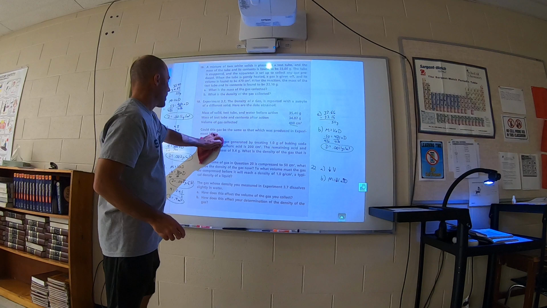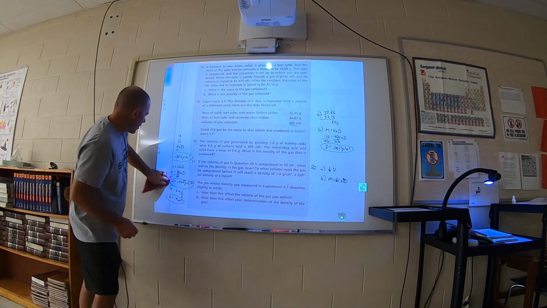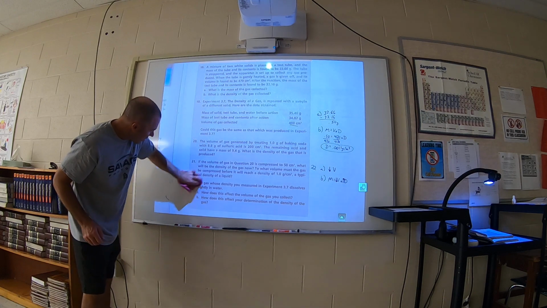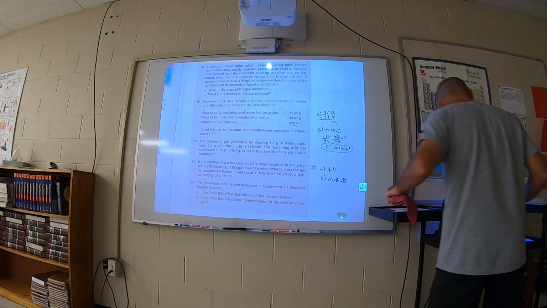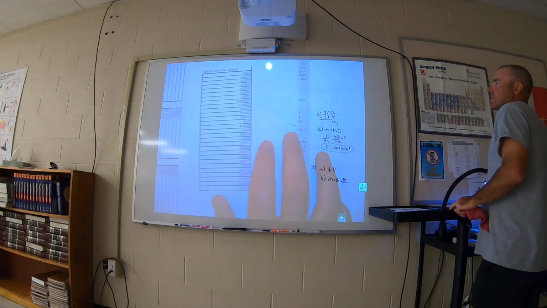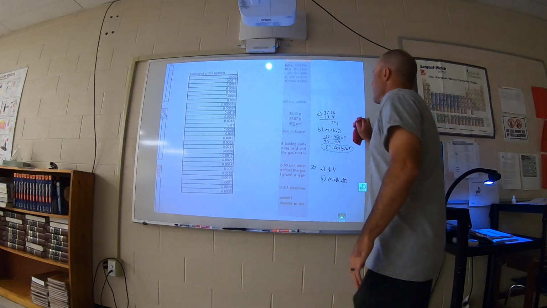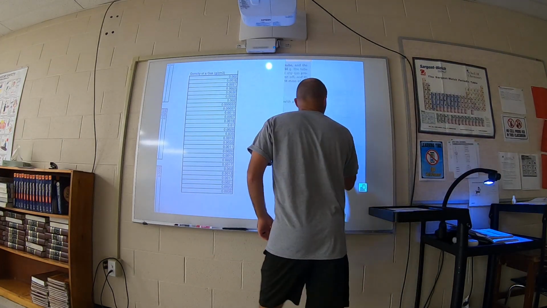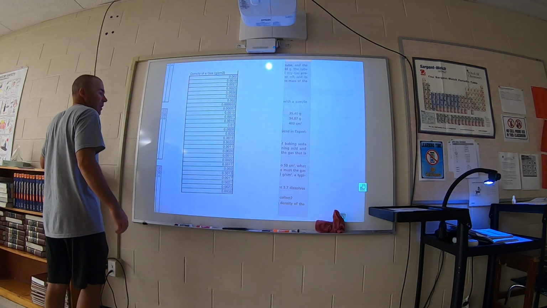Now let's look at the histogram. You should have this data table attached in the density of gas lab, and we want you to make a histogram out of it. Now we've got some very, very small numbers.